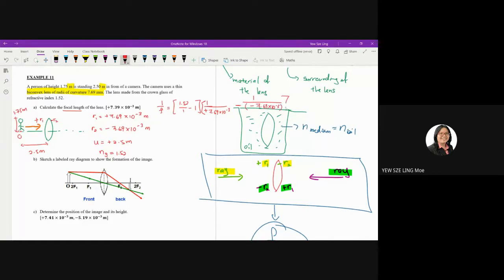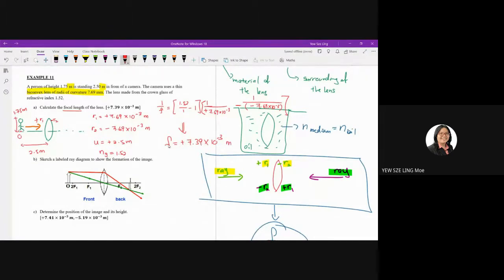So this is a negative value, one positive, one negative. If you calculate and rearrange it and get the right answer, your F should be equal to positive 7.39 times 10 to the power of negative 3 meter.